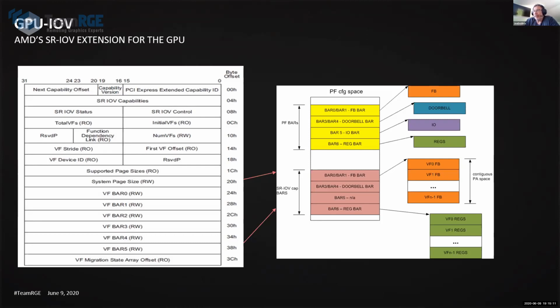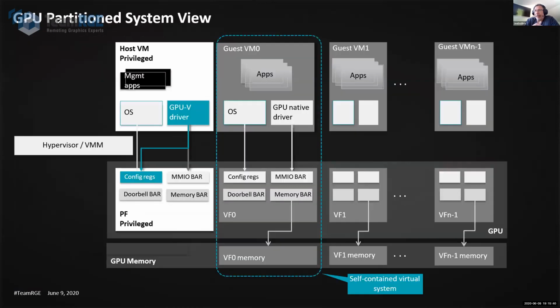All of that is replicated in the GPU, and that is the reason why we're able to define and set up a virtual function so it's visible on the bus and visible to the hypervisor, and pass it through to the VM. Even our graphics driver that's running in that VM, I wouldn't say it does not know that it's a virtual function, but it treats it no differently.